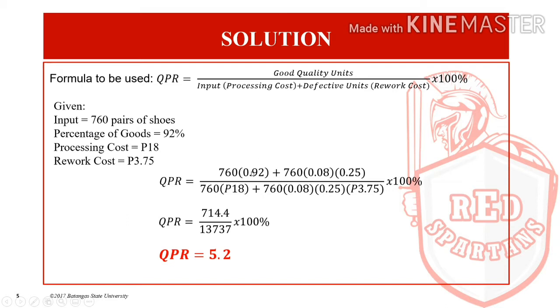Substitute in the formula: 760 times 0.92 plus 760 times 0.08 times 0.25. The QPR still comes out as 5.2. So even if you make the input or production 1,000, or 5,000, the result is still a QPR of 5.2%. Whatever we raise or lower the input, as long as the rework cost, the percentage of goods, and the processing cost stay the same, nothing changes in the QPR. It stays the same.